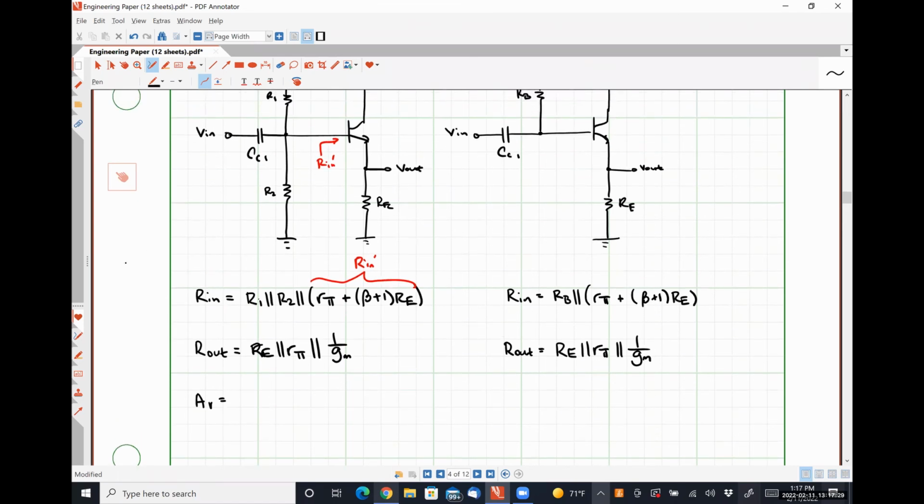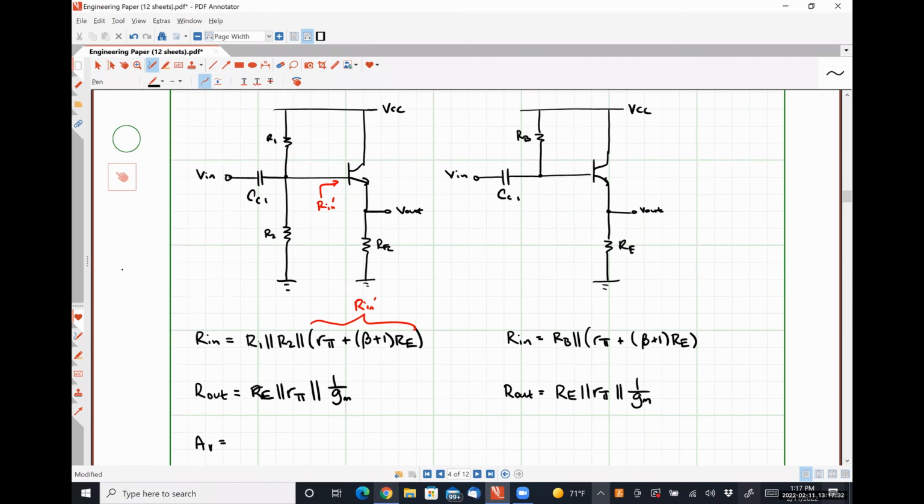Voltage gain. Okay. So my input voltage is applied directly at my base, which means I don't have a voltage divider circuit. So my voltage gain is going to be the exact same thing as the most simplified version as well, in both cases, right? Only if I included some signal resistance would I have to do that voltage division trick at the input, right?